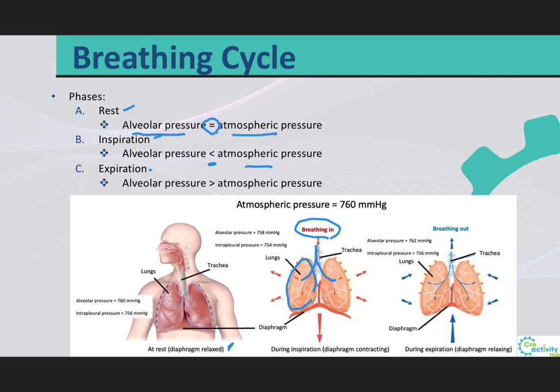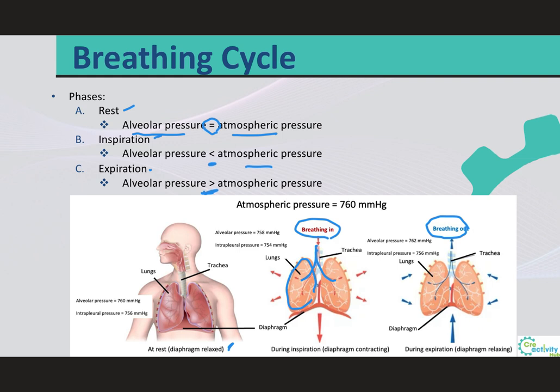Now, the opposite will occur during expiration. So this means when you're breathing out, which can also be called exhalation, and this is also due to a pressure gradient. But in this case, the gradient is in the opposite direction, meaning that the alveolar pressure is greater than the atmospheric pressure. And unlike inspiration, the normal expiration during quiet breathing is actually a passive process because there are no muscle contractions involved.